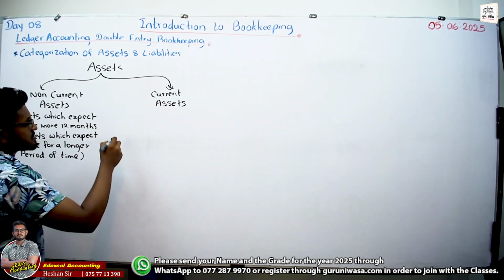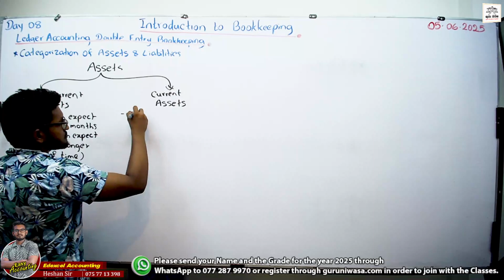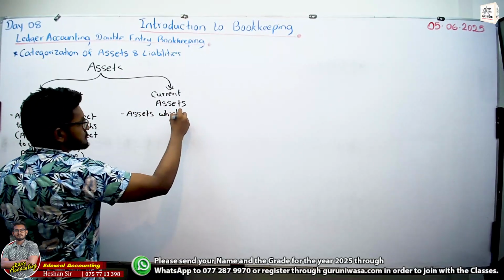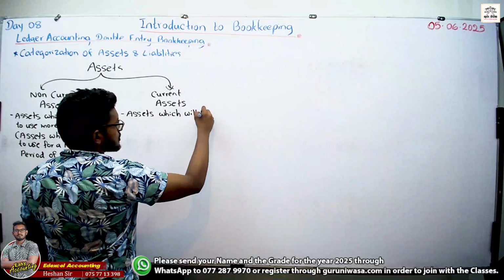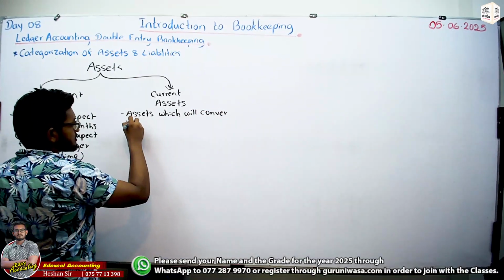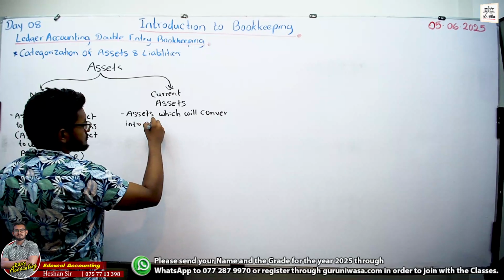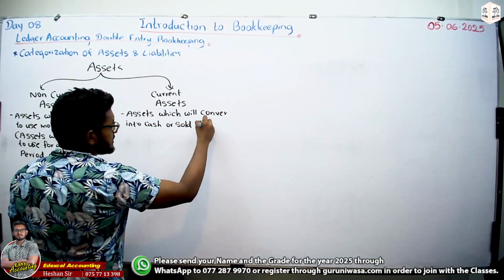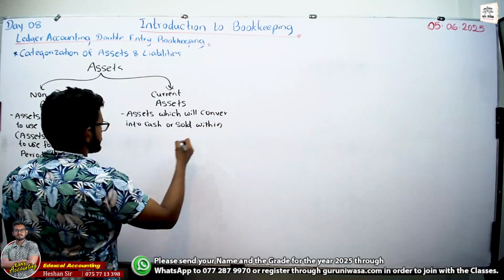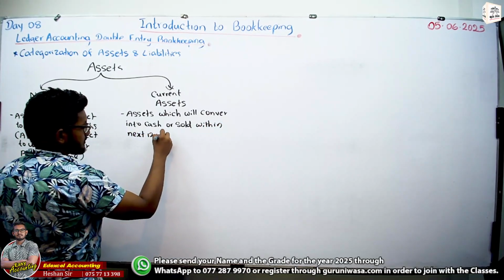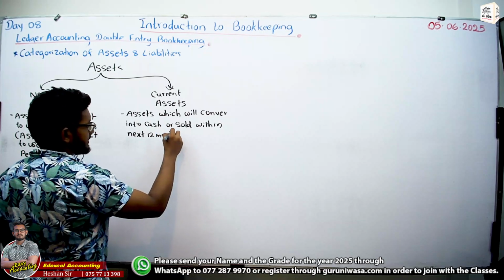Current assets means assets which will be converted into cash or sold within the next 12 months, which means from the concerned date.